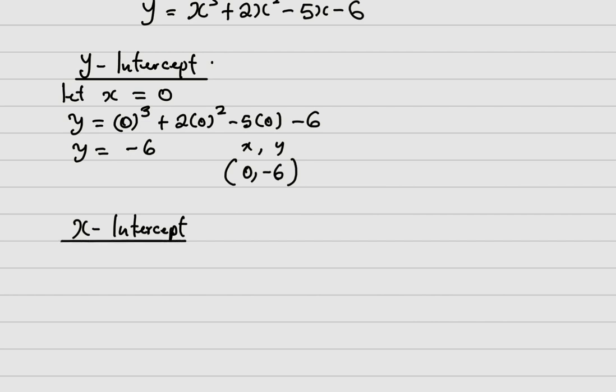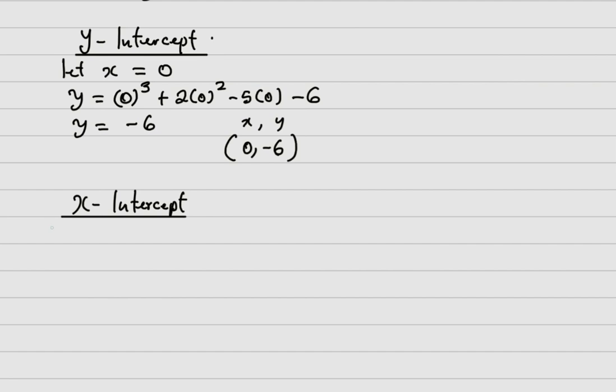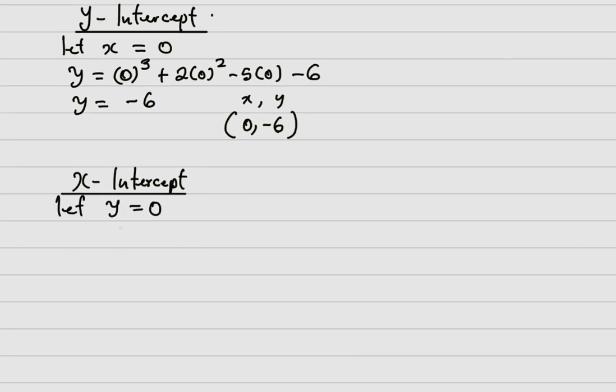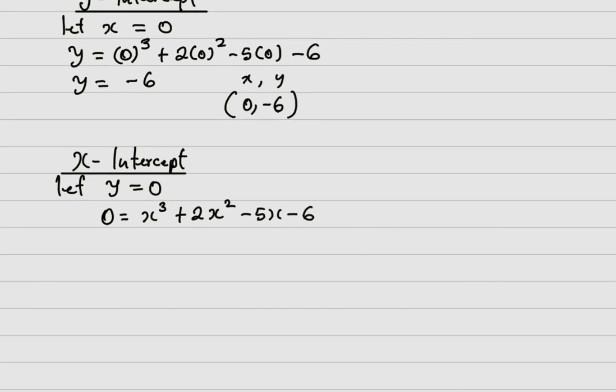For the x-intercept, I will say let y equal 0, so that I have 0 equals x cubed plus 2x squared minus 5x minus 6, which I can rearrange to be x cubed plus 2x squared minus 5x minus 6.